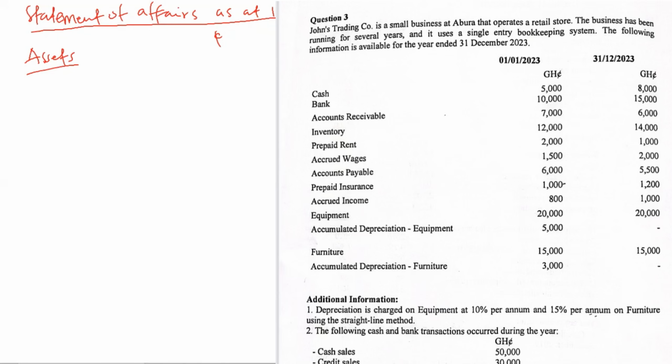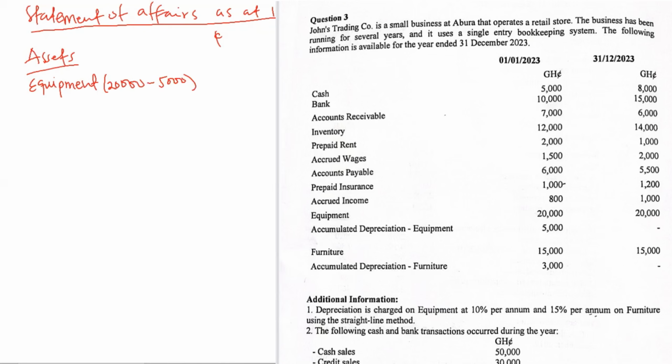When we look at the question, we have assets, we have equipment. With equipment, this time they've given us the accumulated depreciation as at that date. So since we have accumulated depreciation as at 1st January 2023, to get the value, you find the difference between the equipment value, which is 20,000, and the accumulated depreciation, which is 5,000.